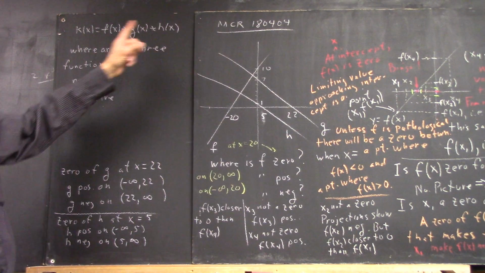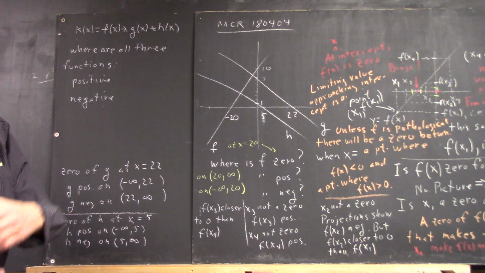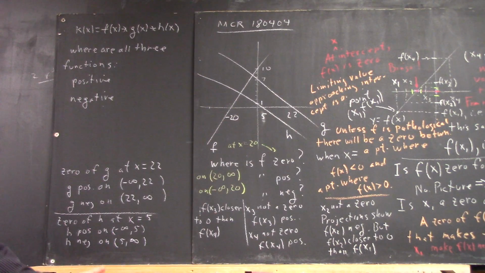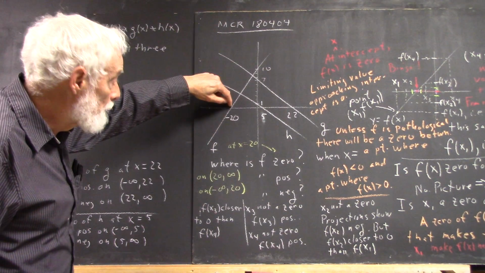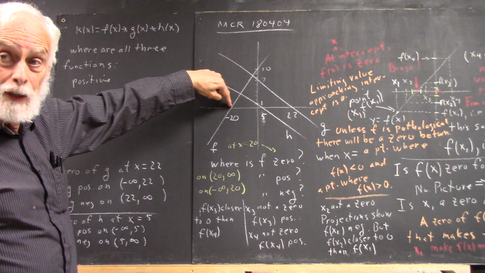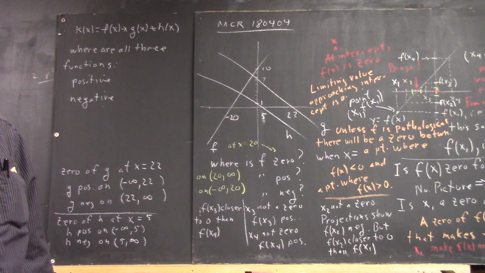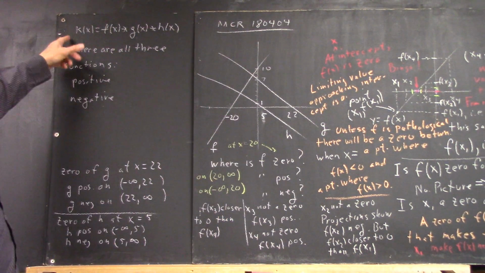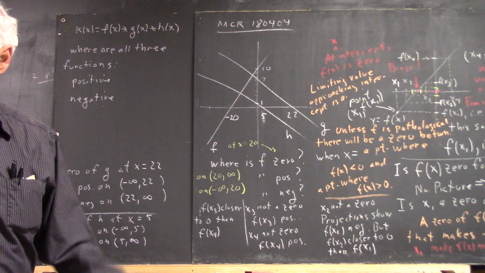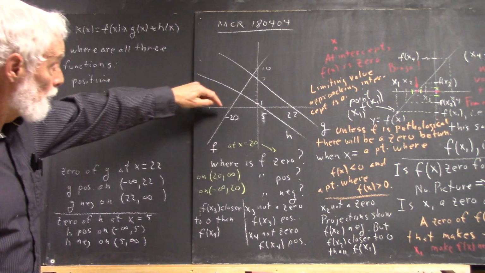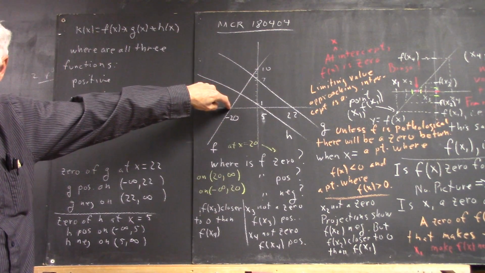If you multiply by 0, you're going to get 0. Always. So if x is negative 20, f of x is 0, and k of x is 0. So we just discovered a point where k of x is 0. Whatever the graph of k of x looks like, it's got to go through the x-axis here, doesn't it?